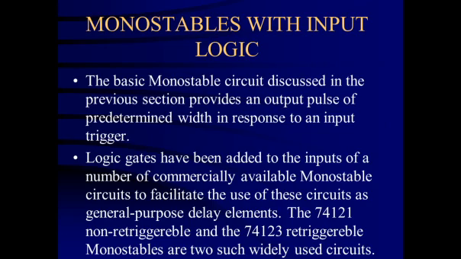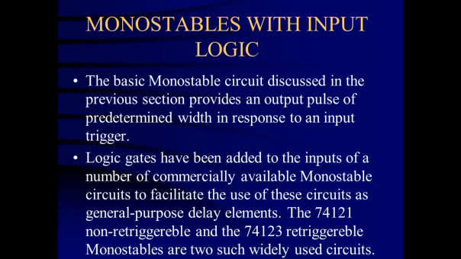That is called non-retriggerable. But there are circuits in which, once triggered by a pulse at the trigger input, the output goes into the quasi-stable state, and if there is another trigger pulse before it times out, it again triggers the circuit.